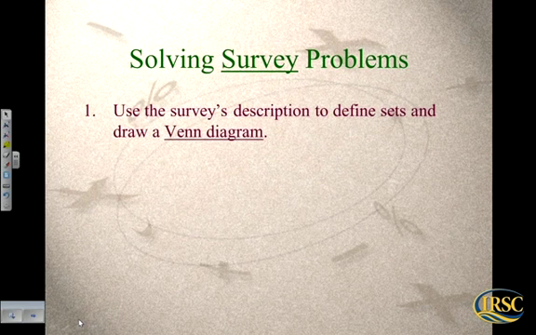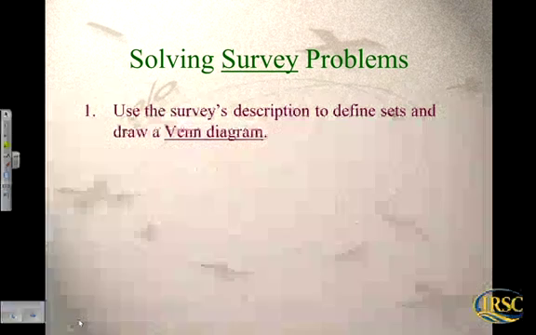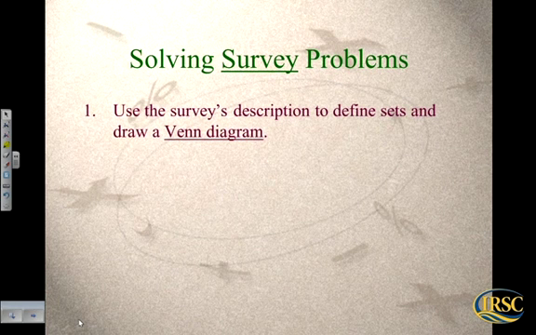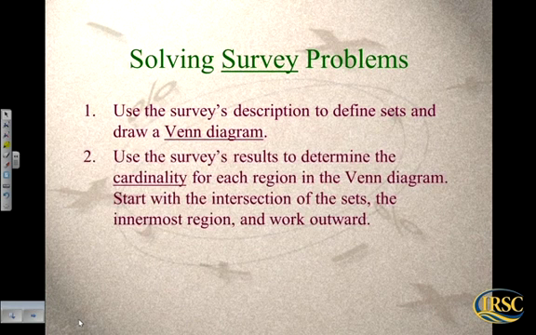Okay, so whenever you're solving survey problems, the first thing you want to do is use the survey's description to define your sets and draw a Venn diagram. Now that was already done for you in this problem. And then use the survey's results to determine the cardinality for each region in the Venn diagram. And again, that was already done for you.